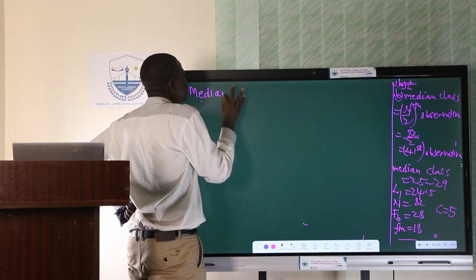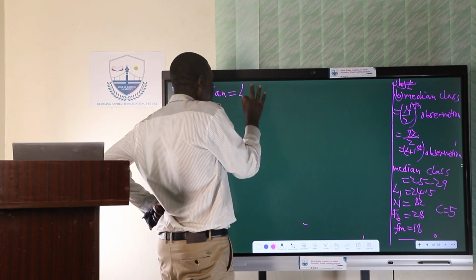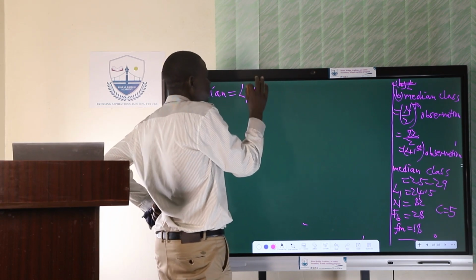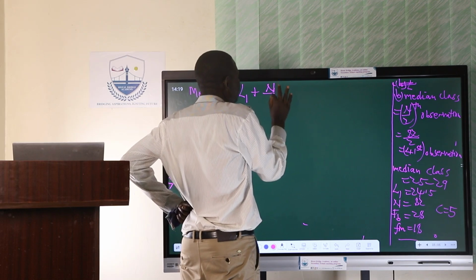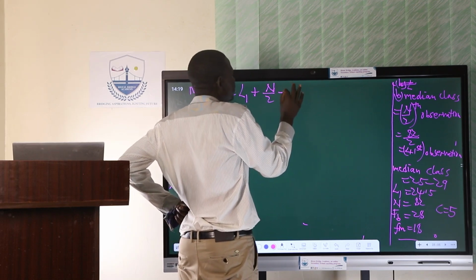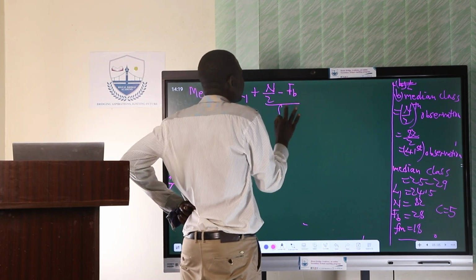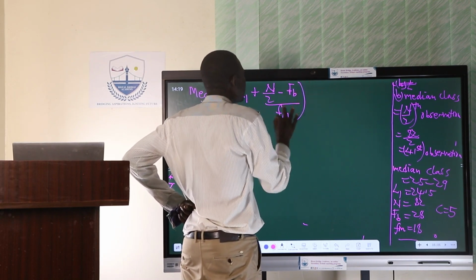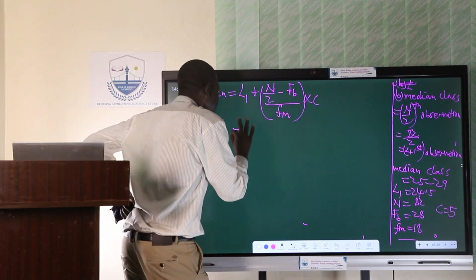So remember, the median of grouped data is obtained by the formula L1 plus n over 2 minus FB, all over FM, then times C. Then we substitute.